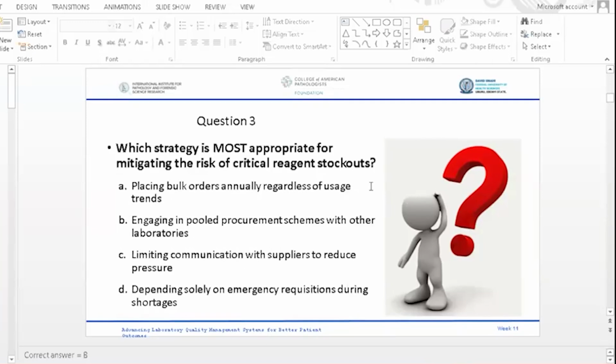Then the last but not the least question, what strategy is most appropriate for mitigating the risk of critical reagent stockouts? A, placing bulk orders annually regardless of usage trends. B, engaging in pooled procurement schemes with other laboratories. C, limiting communication with suppliers to reduce pressure. D, depending solely on emergency revisions during shortages.